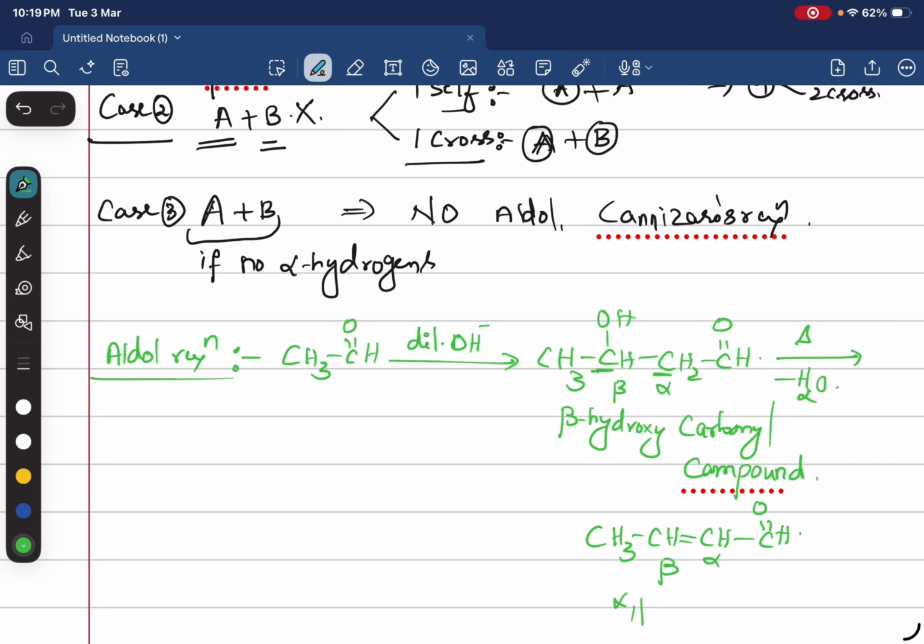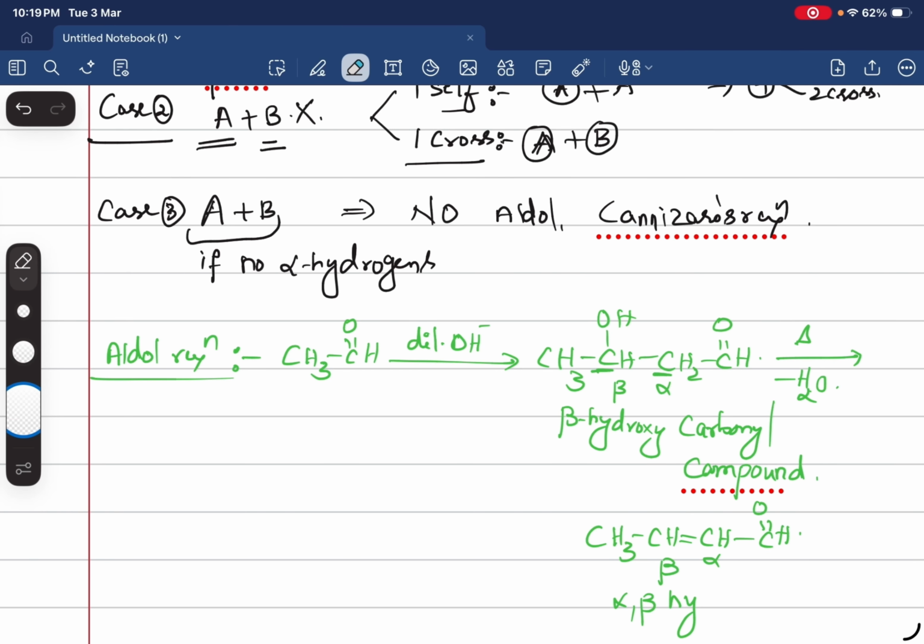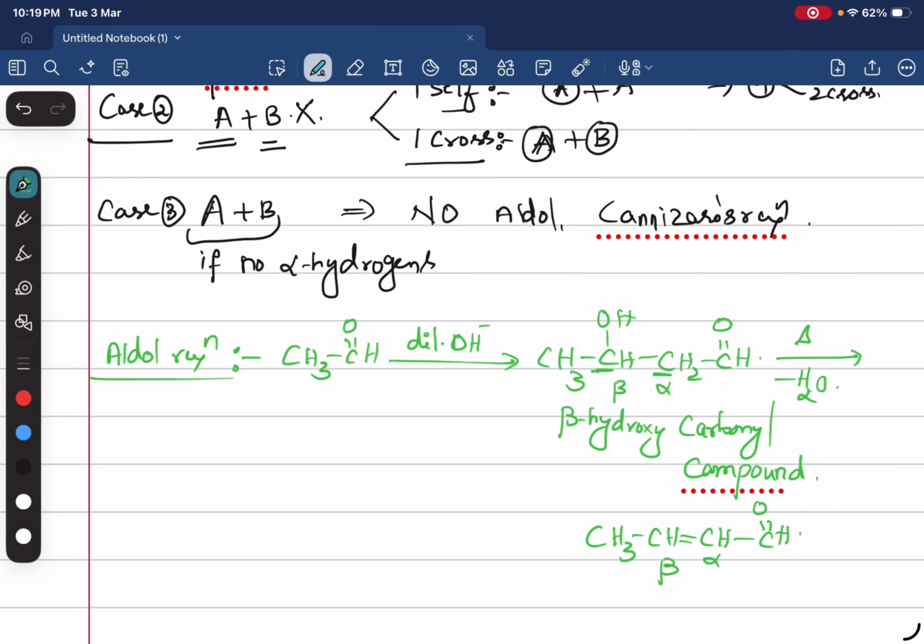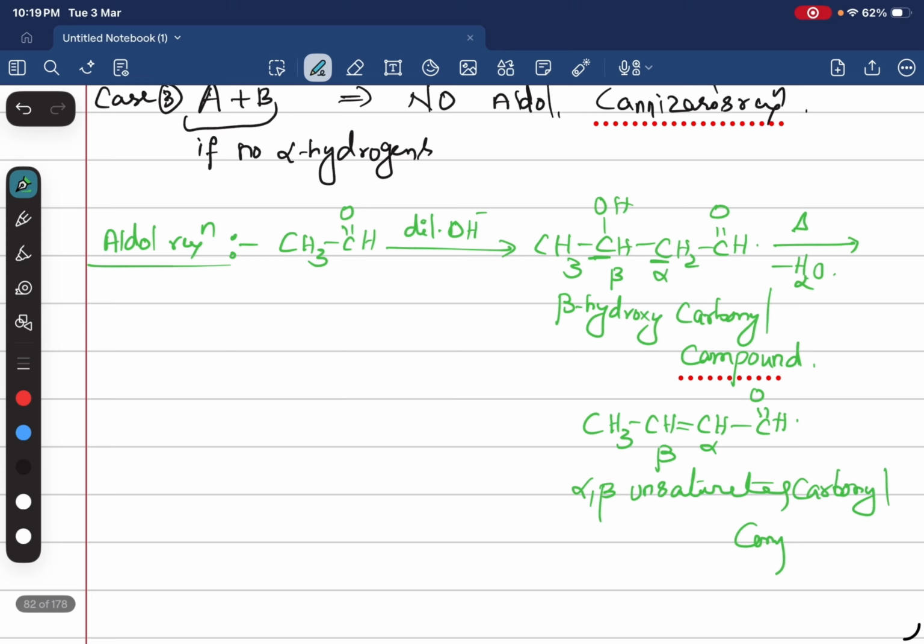So here we get an alpha beta unsaturated carbonyl compound. This is nothing but the aldol reaction.